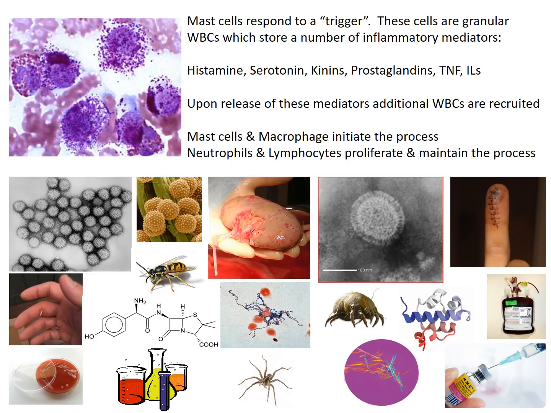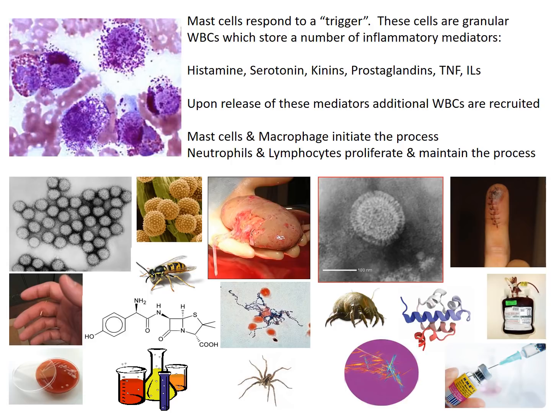Nonetheless, it's the combination of these mediators that get released into systemic circulation, which will activate more white blood cells, more neutrophils, more macrophages, more lymphocytes. And it is the activation of those white blood cells which will maintain and proliferate the inflammatory process.